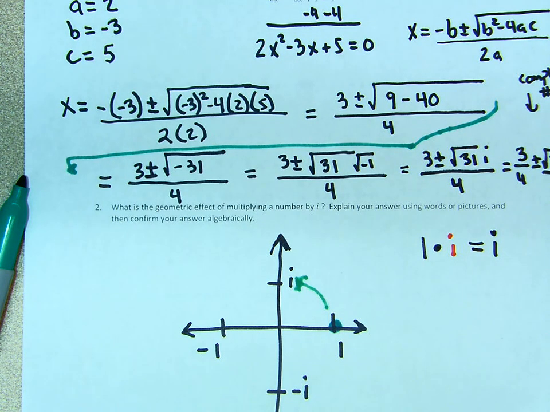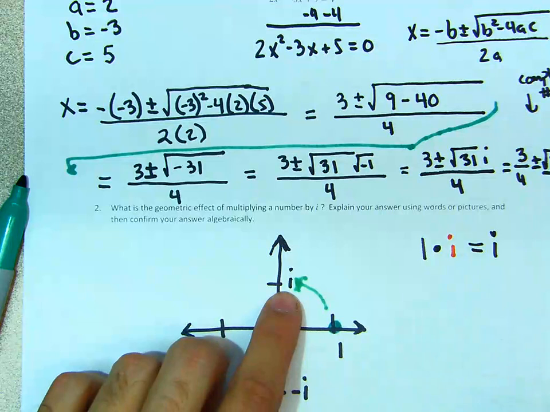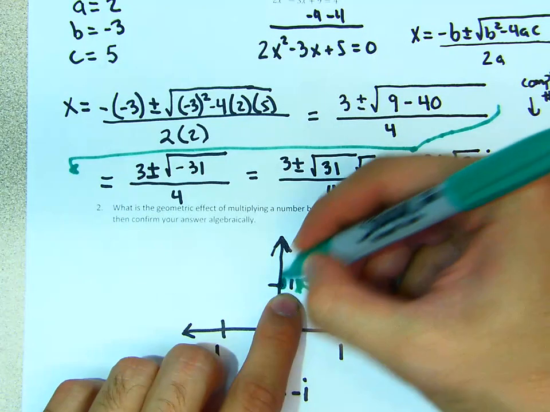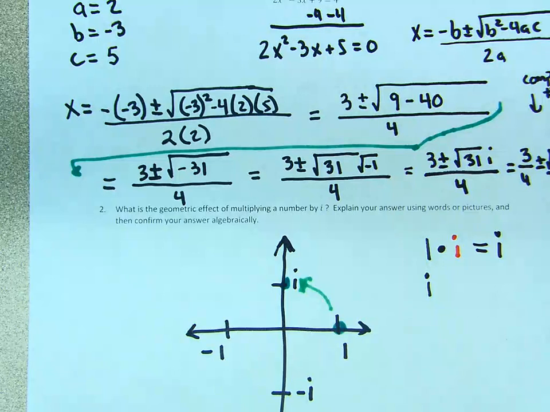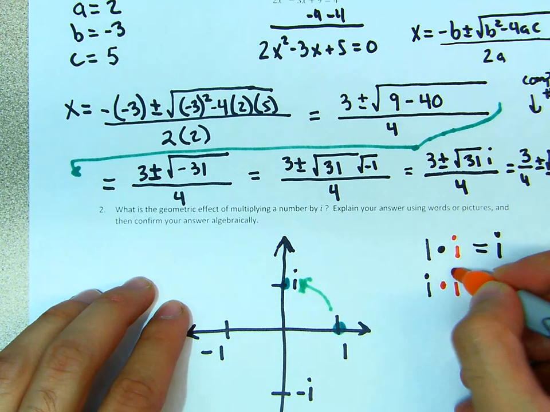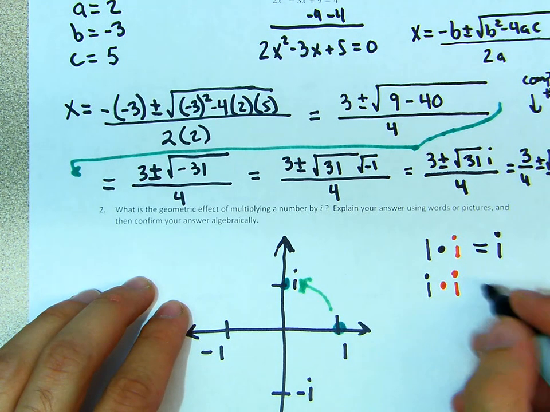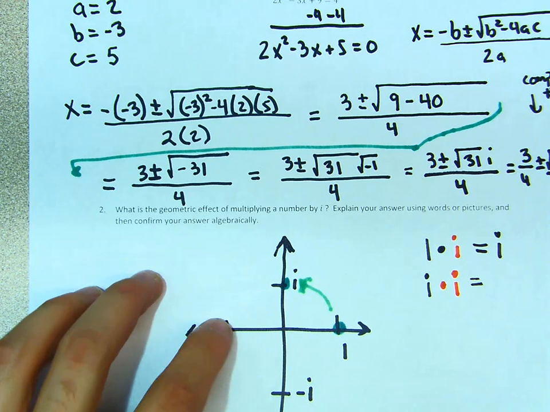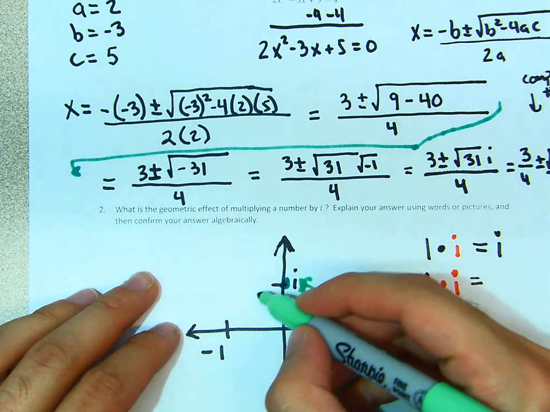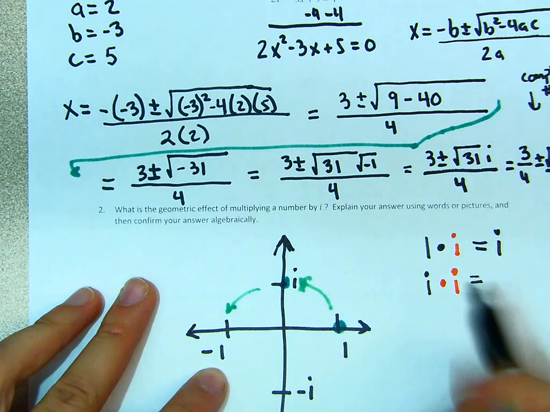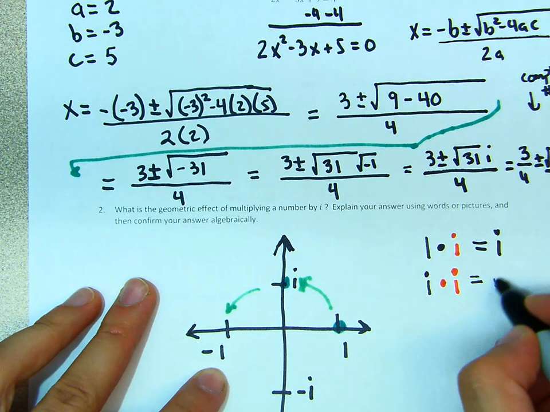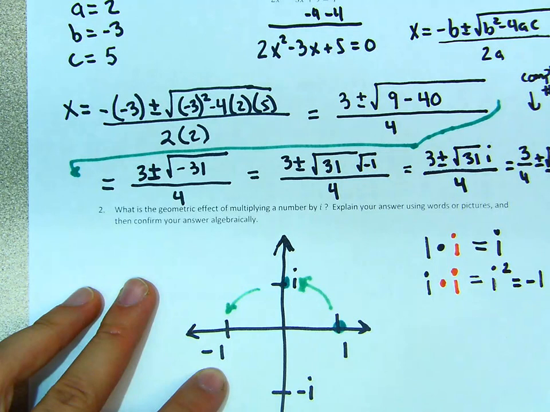Well, okay, let's say you're at i now. Watch, I'm here. I'm at i. Okay, so if I'm at i, right, and now I times it by i, well, now I am equal to negative 1. Well, here, let me see. This is equal to i times i is i squared, but that's equal to negative 1. Okay?